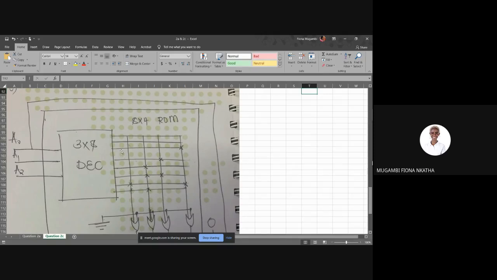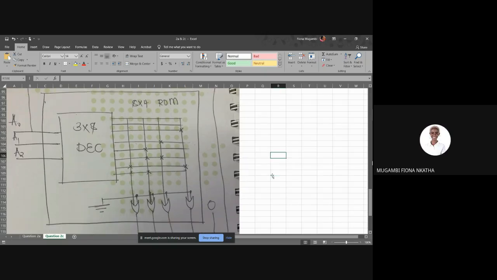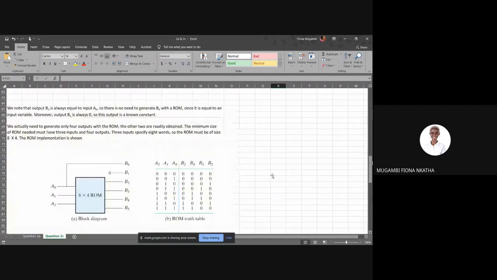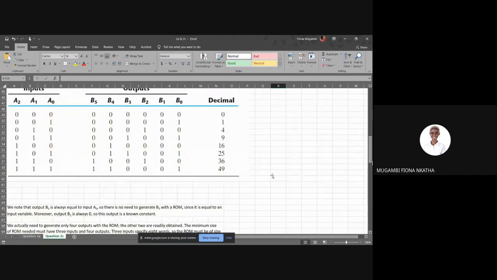These 8 outputs, before it became 8x4, would initially go to 6 OR gates, because we need 6 output lines, so we need 6 OR gates. Here I removed the other 2 because we saw from the truth table up here they were redundant.